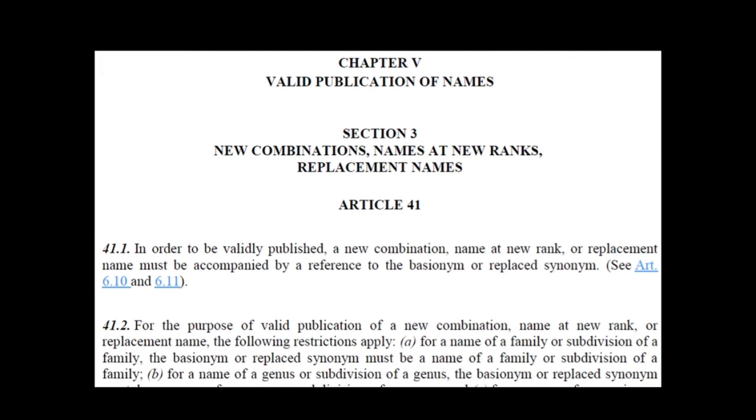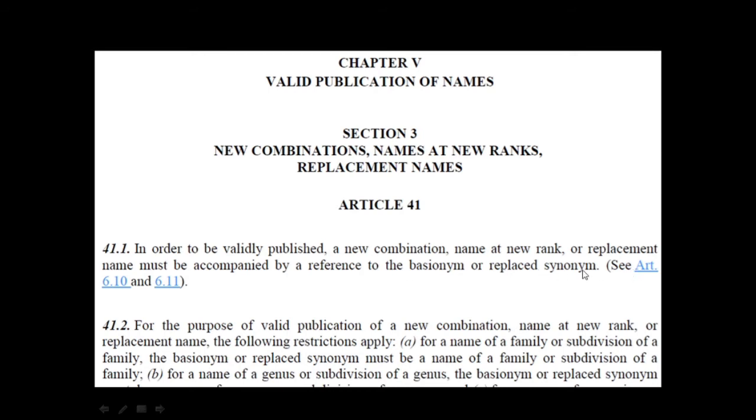Then considering the combination, in order to be validly published, a new combination, name at new rank, or replacement name must be accompanied by a reference to the basionym or replaced name.